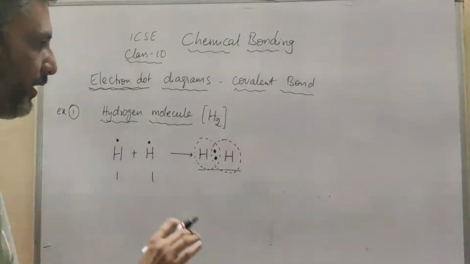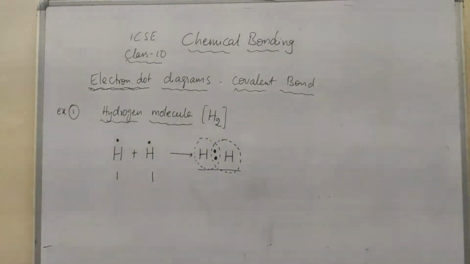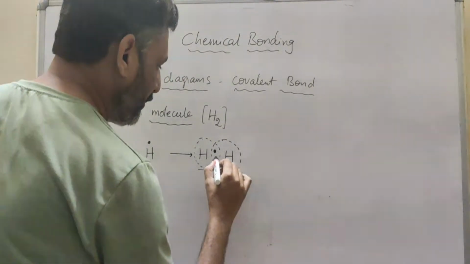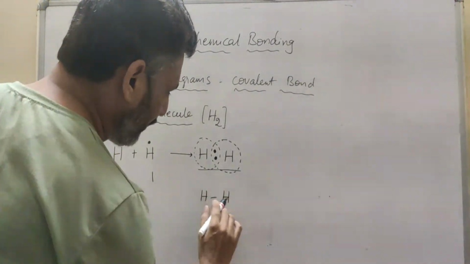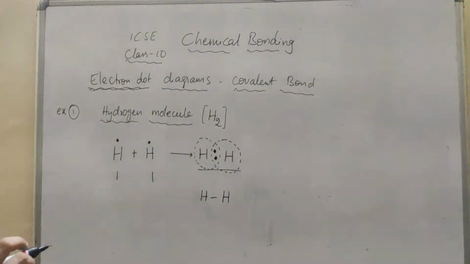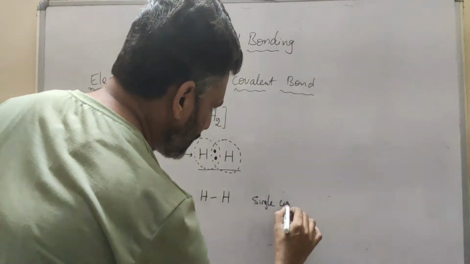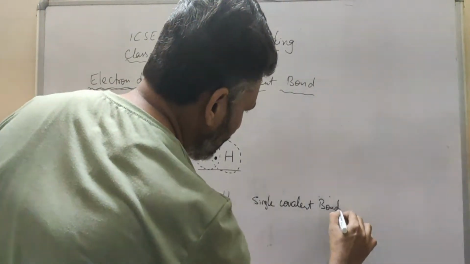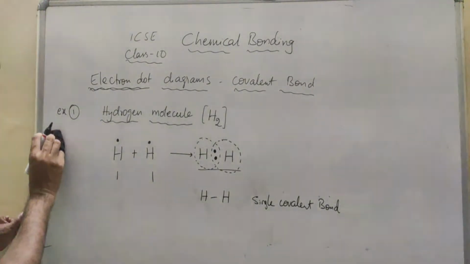So in this way, hydrogen molecule is stable with this one covalent bond. Here one pair of electrons is being shared. So this will be one single bond between two hydrogen atoms. So this is a single covalent bond. Okay, so this is example 1.